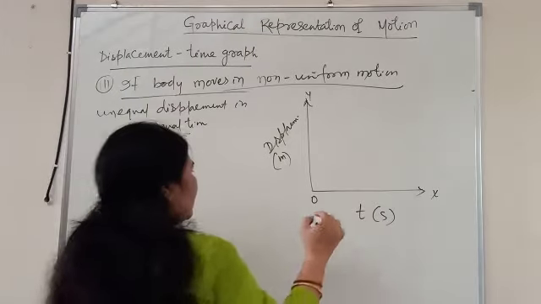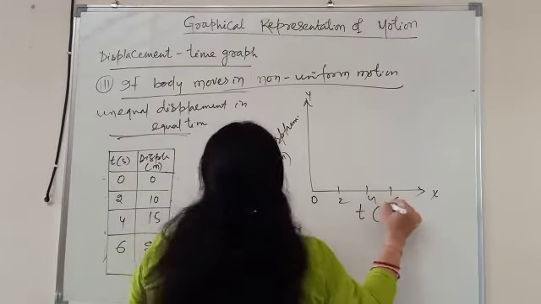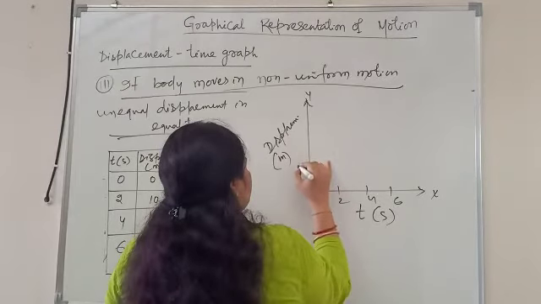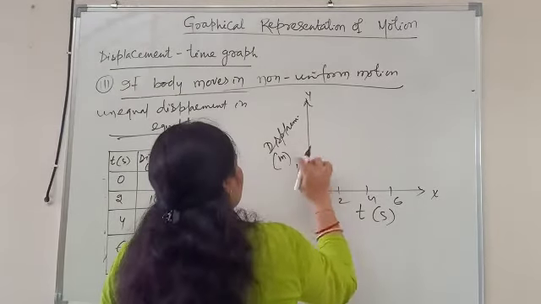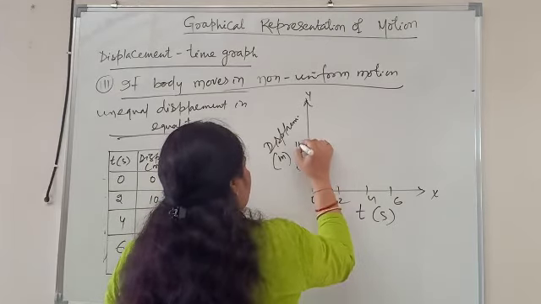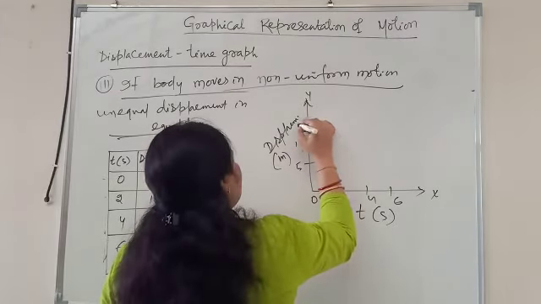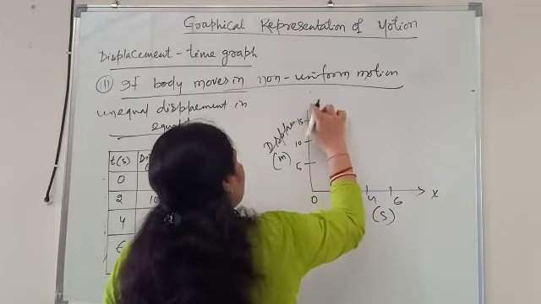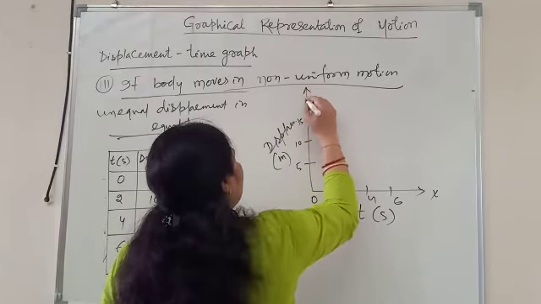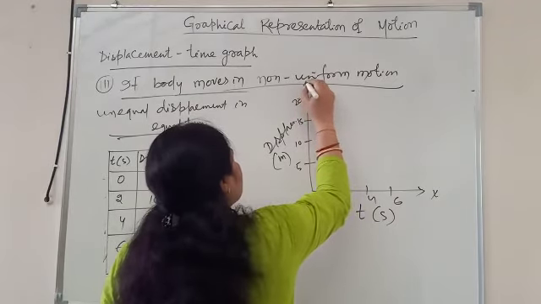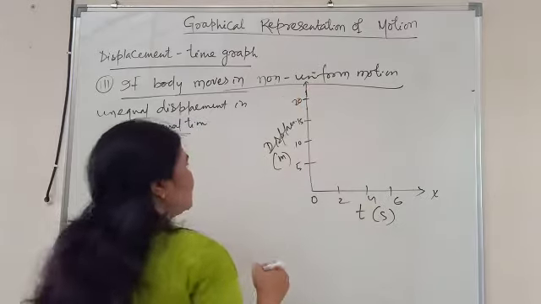So let's check this one: 0, 2, 4, 6. Let's suppose this is 5, 10, 15, 20, like this it is going.